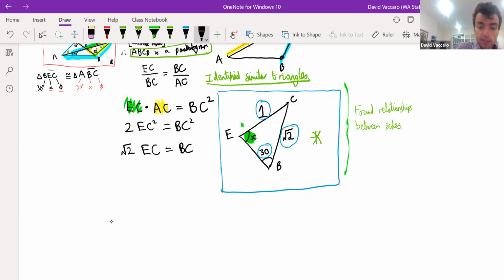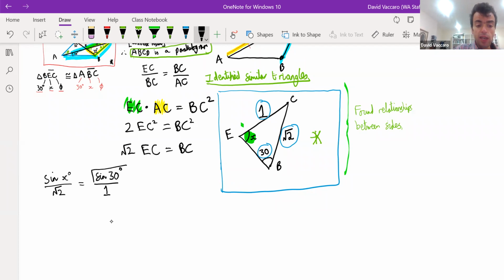So I can say that sine x over root 2 is equal to sine 30 degrees over 1. Okay. Any offers now for how to find the value of x?